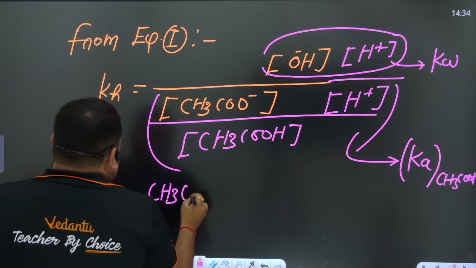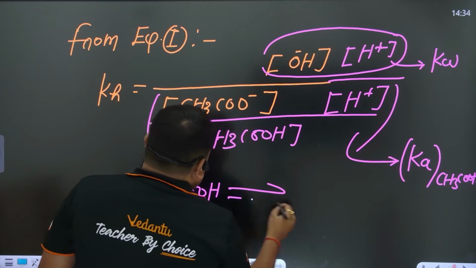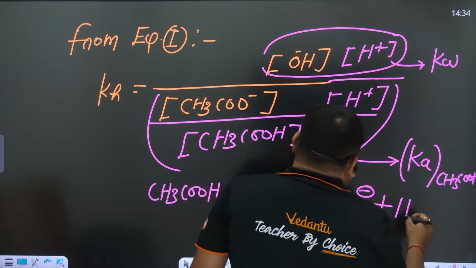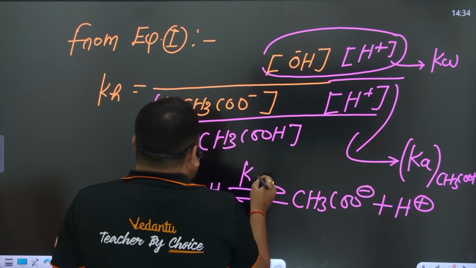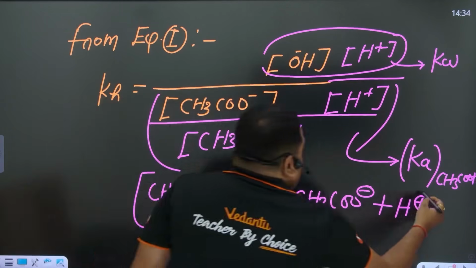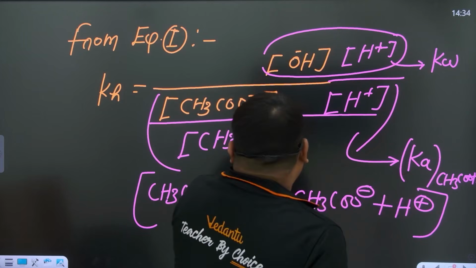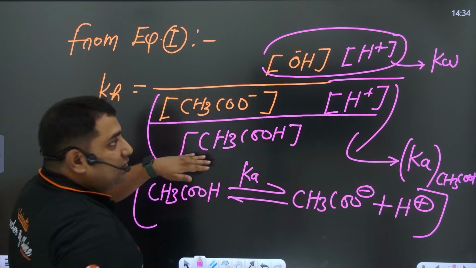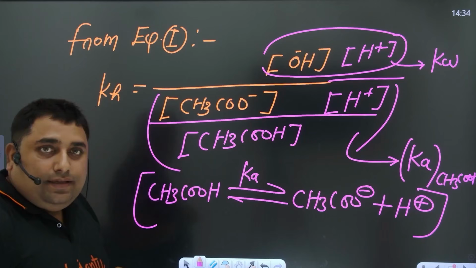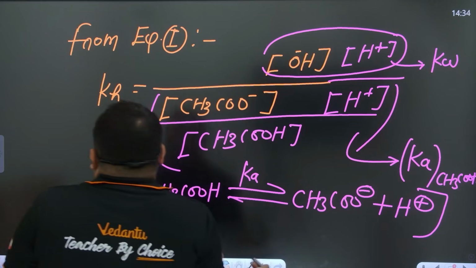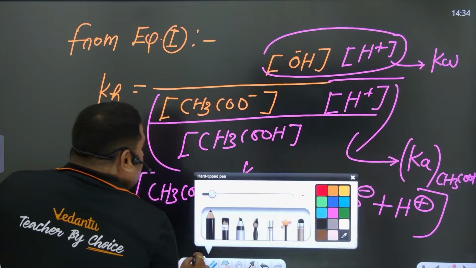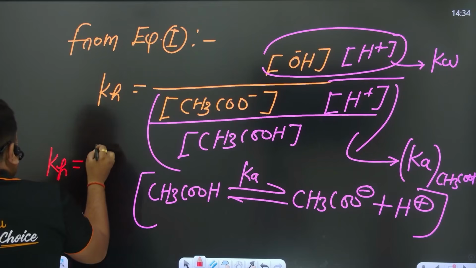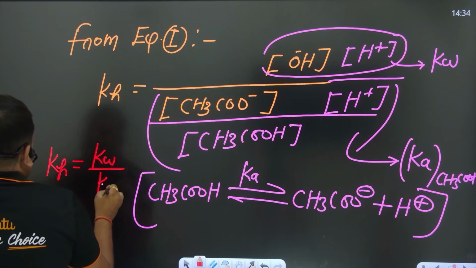Acetic acid dissociates in this way: CH3COO minus and H positive. So here Ka is defined. So in this way, this Ka is the concentration of acetate ion into the concentration of H positive divided by the concentration of acetic acid, right? So ultimately we can write this Kh is equal to Kw by Ka, right?